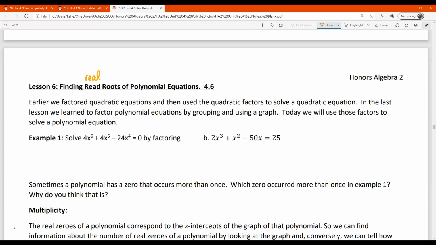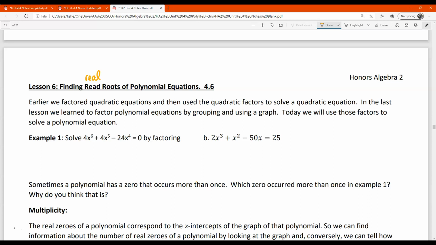So the first step is to look, of course, for what it has. First step is to make sure it equals 0 and that the polynomial is written in standard form with decreasing exponent values, which it is. And now you're going to look and see if there's a common monomial that can come out.